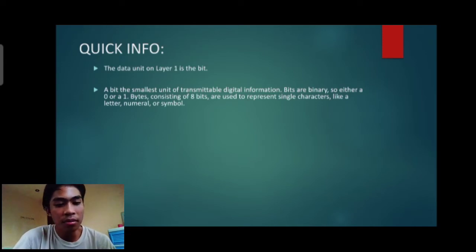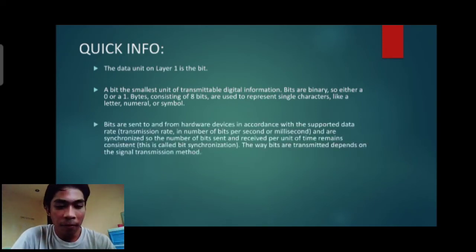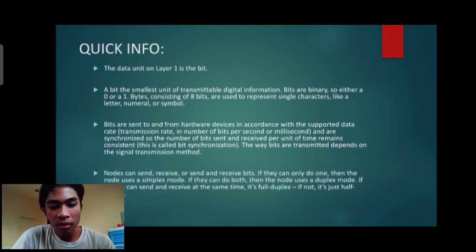It's either 1 or 0, and a byte consists of 8 bits. Therefore, bits are sent to and from a hardware device in accordance with the supported data rate. So nodes, we already know, can send and receive bits. That is the physical or the electronic device that can send and receive information.